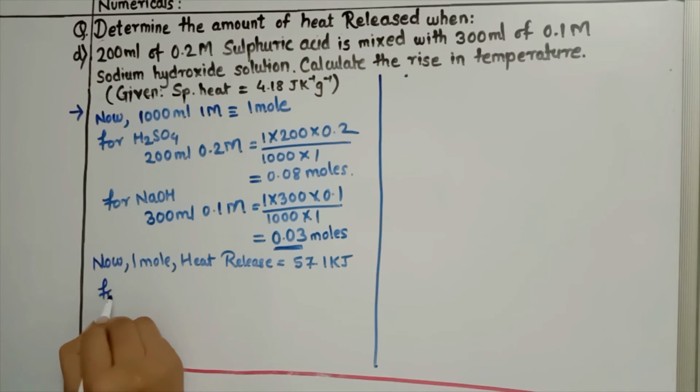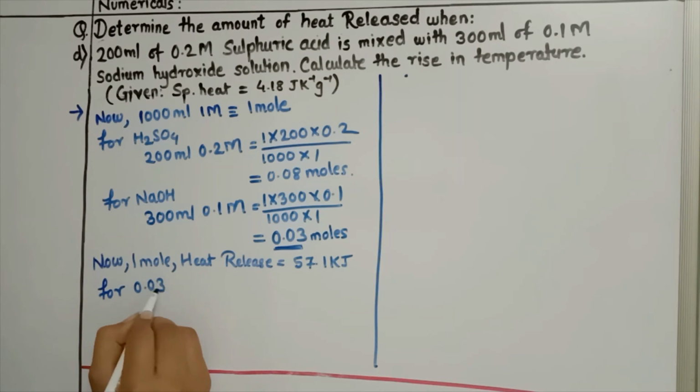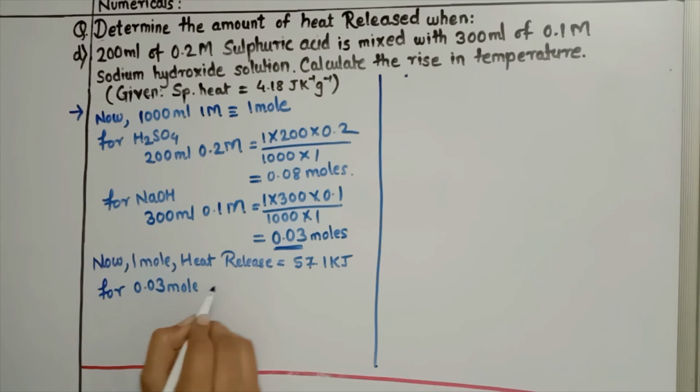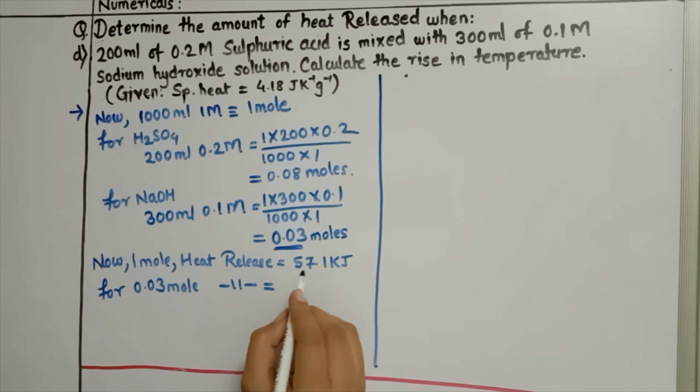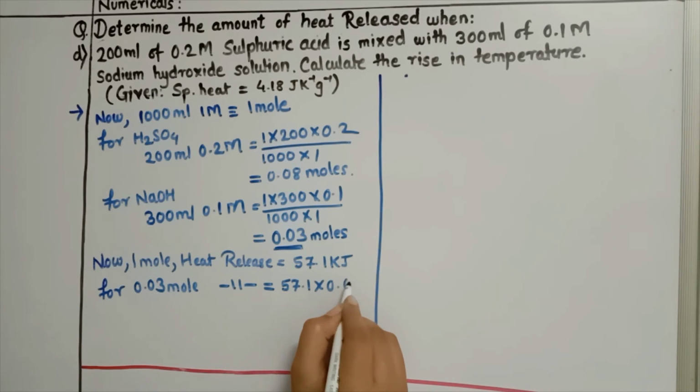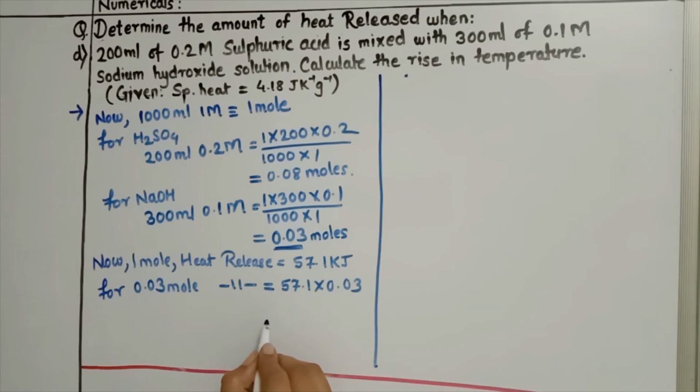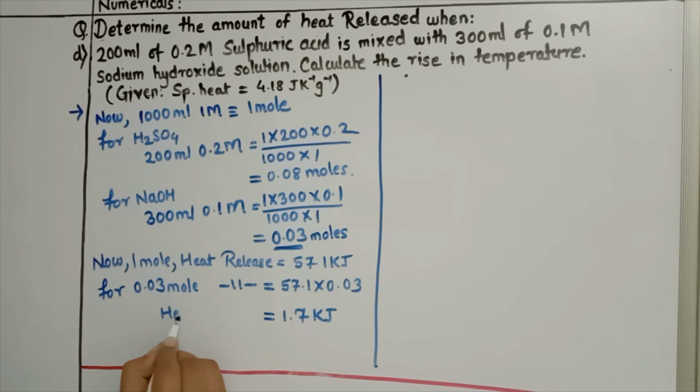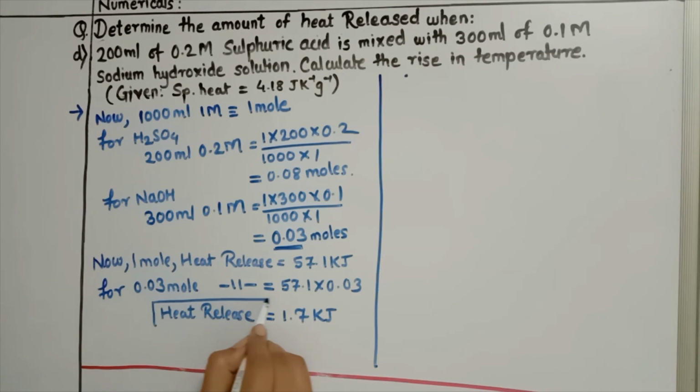For 0.03 mole, heat release will be equal to 57.1 into 0.03, and it will be equal to 1.7 kilojoule. That means heat release will be equal to 1.7 kilojoule. Okay, now what have we got?